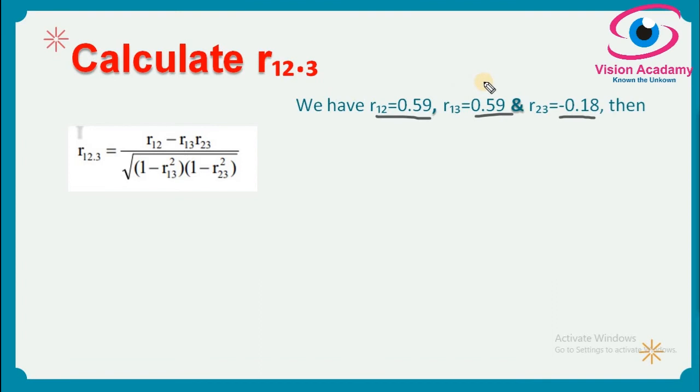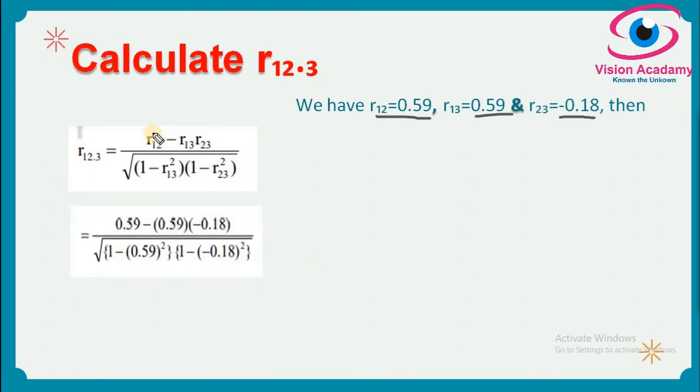These values were obtained in the last step. Now I will replace all the values in the formula. So firstly R12, here R12 is 0.59, minus R13. R13 is 0.59 again.